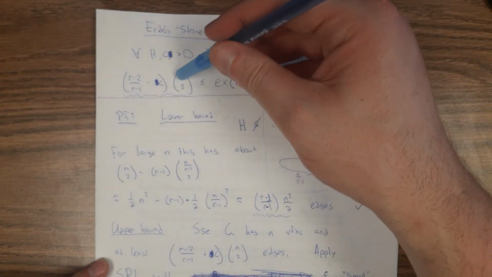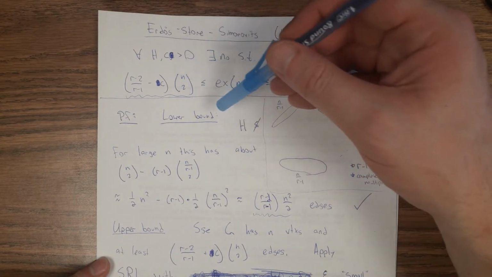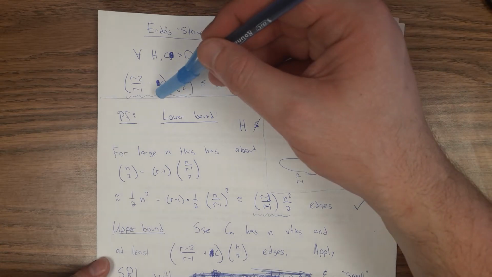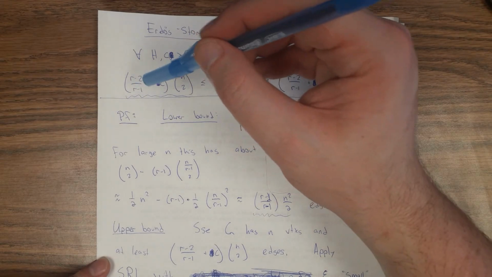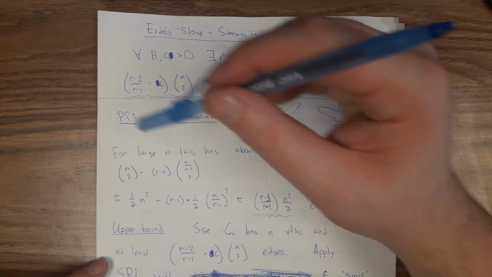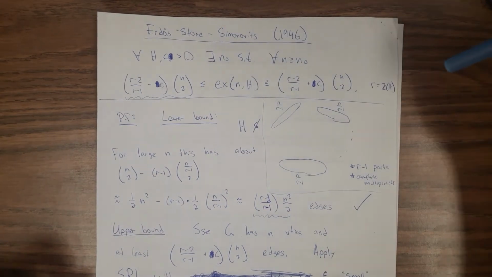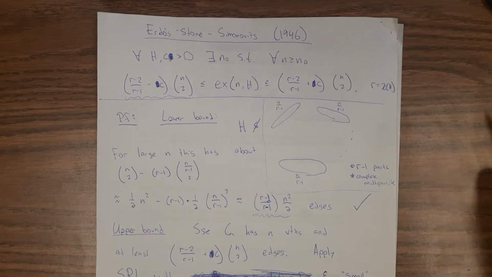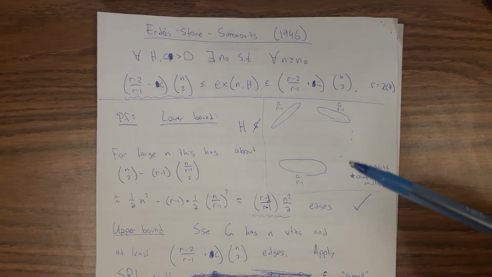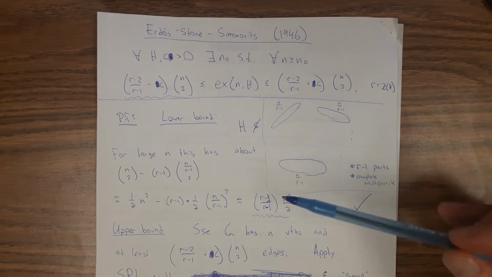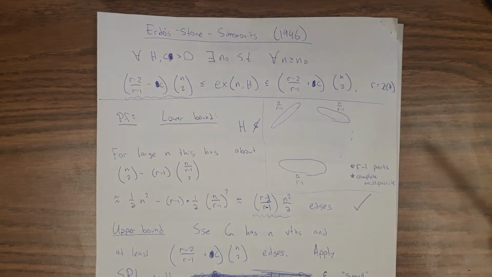Once again, n choose 2 is basically n squared over 2, so I'm comparing this number to this number, and this one's bigger than that one. Okay, so that's all there is for the lower bound. It's just observing that if I draw this graph, it doesn't contain H, and it has more than this many edges.